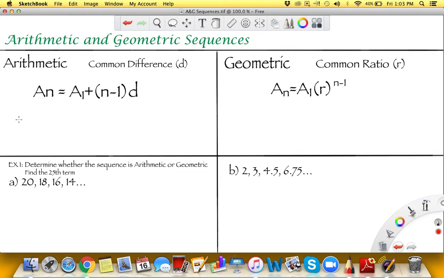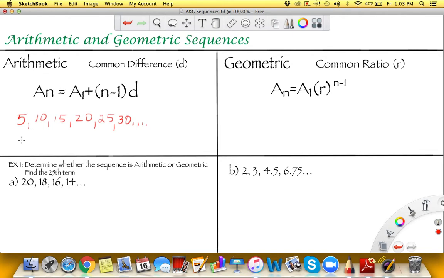For example, if you're counting by fives: 5, 10, 15, 20, 25, 30, and so forth. The terms in this sequence have a common difference of 5. We're going to add 5 every term. Or, if I take the second term minus the first term, I get 5. If I take the third term minus the second term, I get 5.